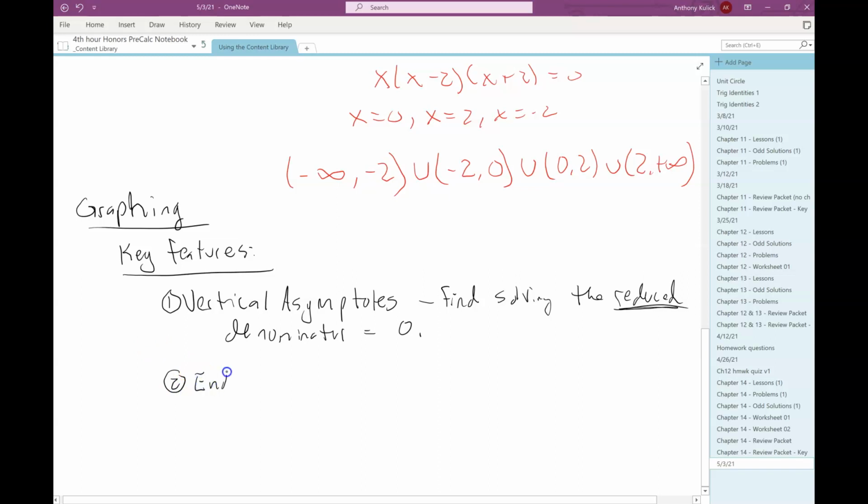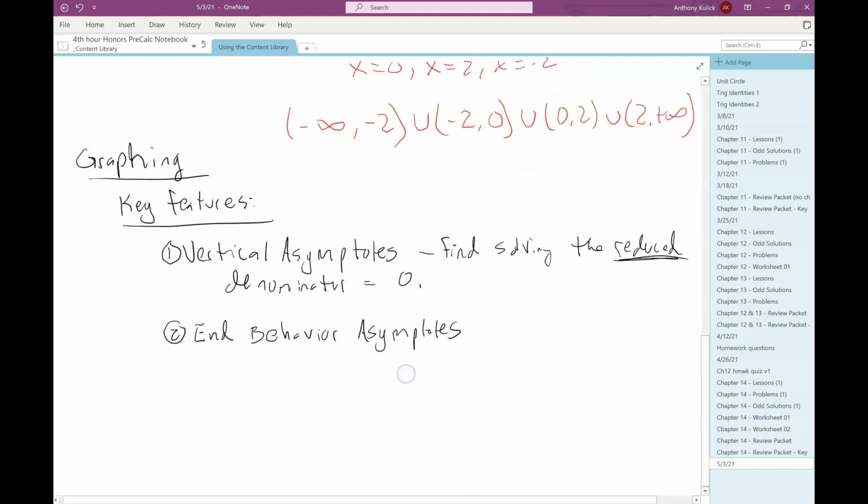Then the second is these end behavior asymptotes. And these are a bit trickier because there's three different cases.